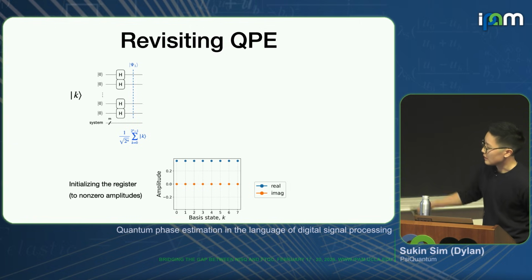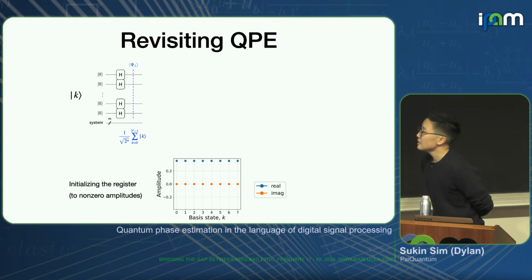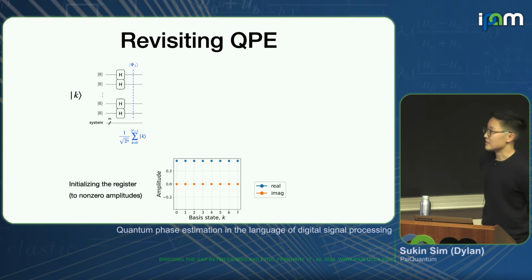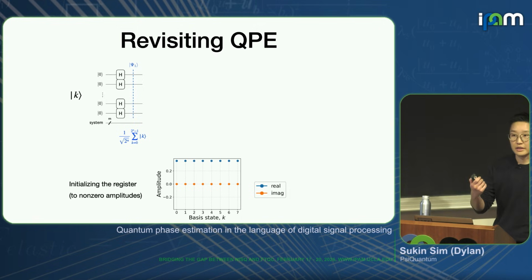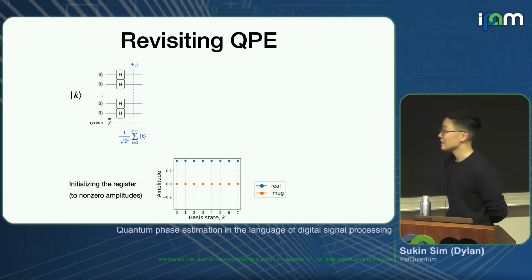For the plots, I'm assuming n equals 3 for simplicity. After you apply the set of all Hadamards, you have this even superposition, which you see in blue in the real components. Now it's time to apply these sets of controlled powers of U.